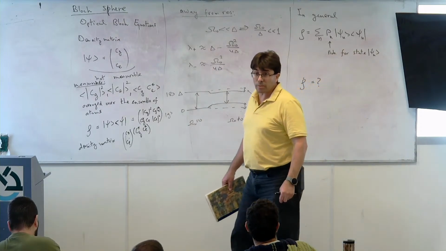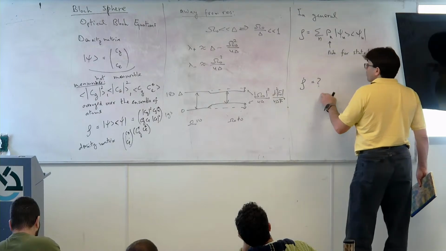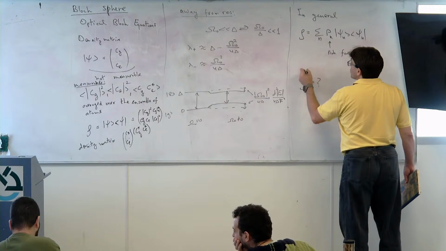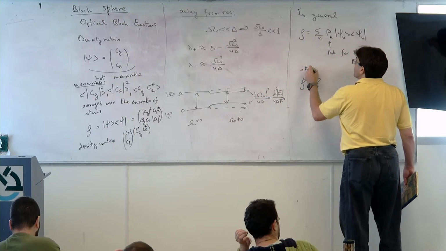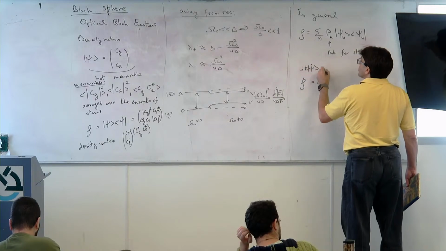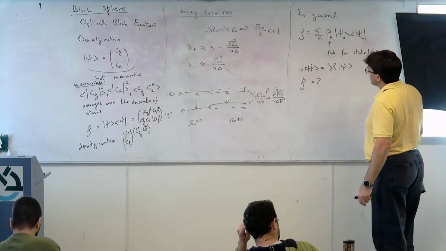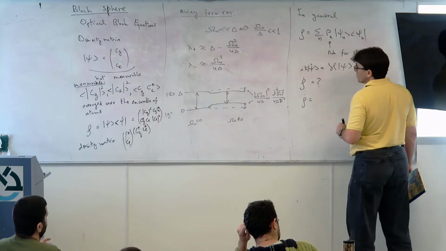And of course, we know the Schrödinger equation, so we can ask something like, we know that i h bar psi dot equals this. So rho dot, what is that?